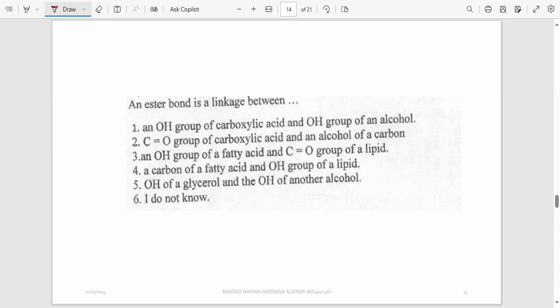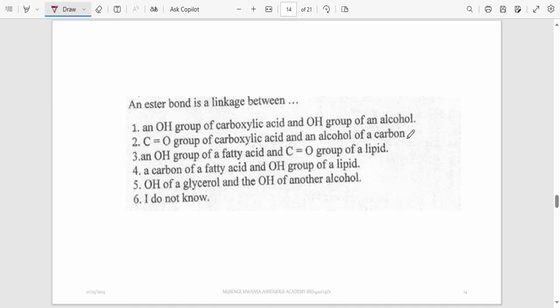Okay. So can someone explain for me why you are picking one? Those who have picked one? Okay. An OH group of carboxylic acid will react with OH group of an alcohol.